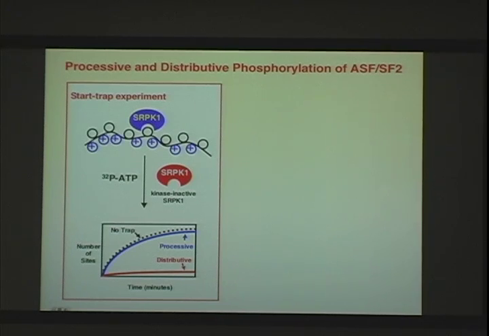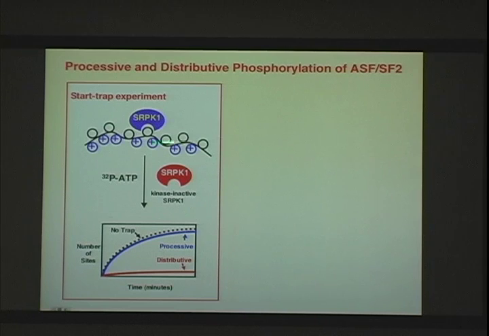To address this, we took advantage of some methodology that's very old that's been used for DNA polymerase, and that's a start trap experiment. Basically, we're going to try to trap out any type of intermediates, because if you have an extraordinarily distributive mechanism, it would be kicking out intermediates that you could isolate and collect in some way. But if you had a processive mechanism, you couldn't do that.